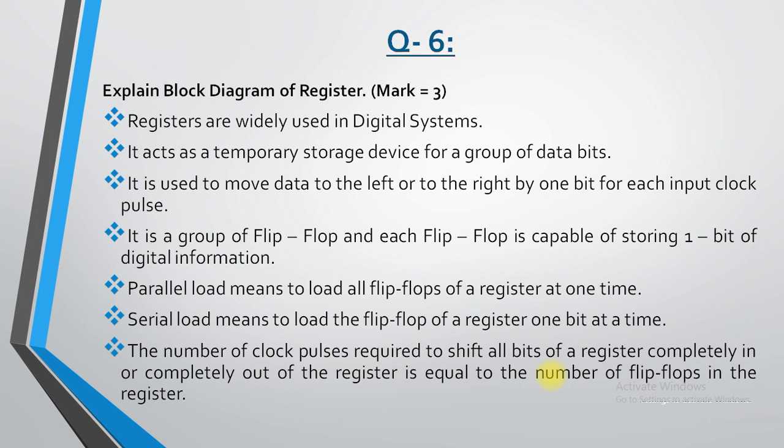So it may become clumsy at that time. But when there is a serial load, that means students need to come one by one in sequence. You are not able to come all the students at a time. So there is a difference between parallel load and serial load.